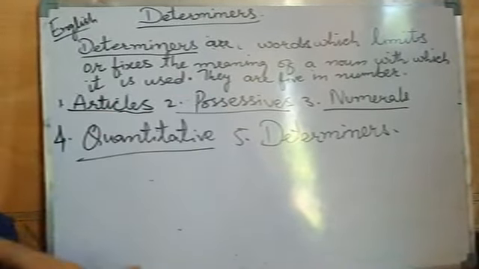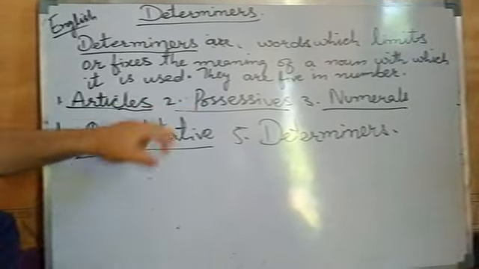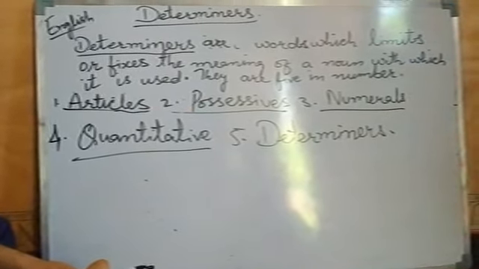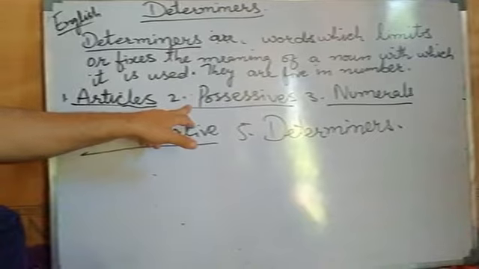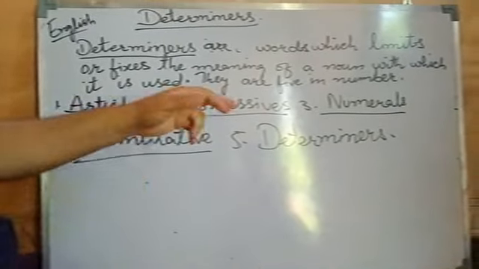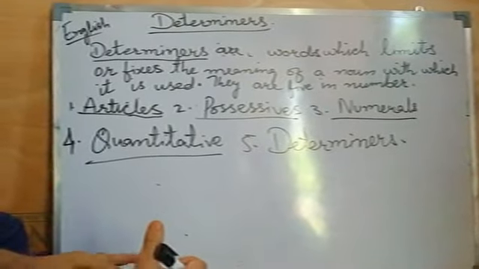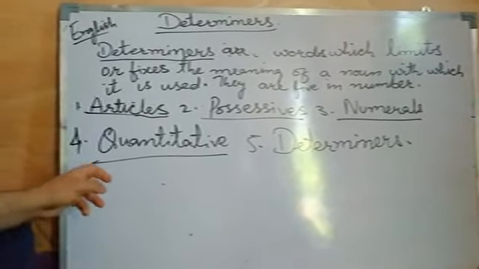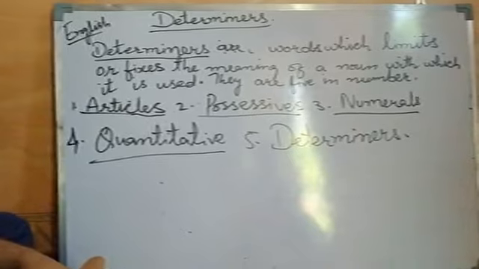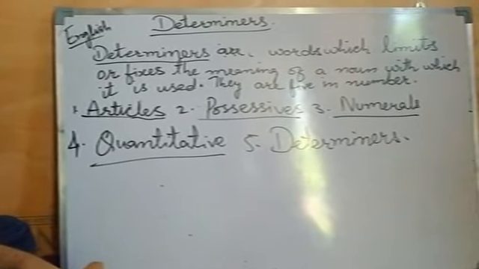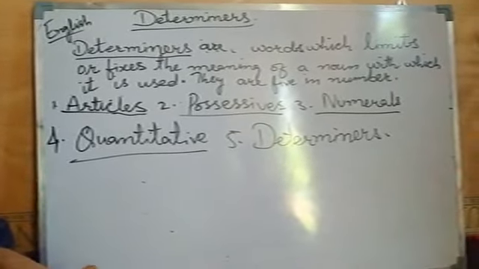Possessives are used to denote that something belongs to someone. Numerals show numbers, for example, 1, 2, 3, 4, first, second, third, fourth, fifth. The fourth one is quantitative. It shows the quantity, for example, some, few, a lot of.